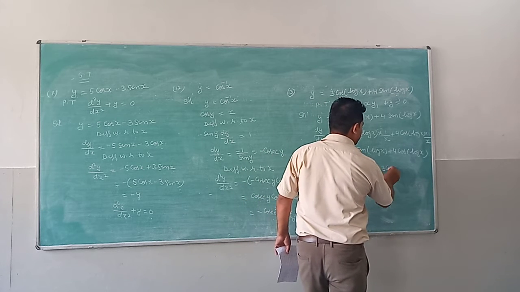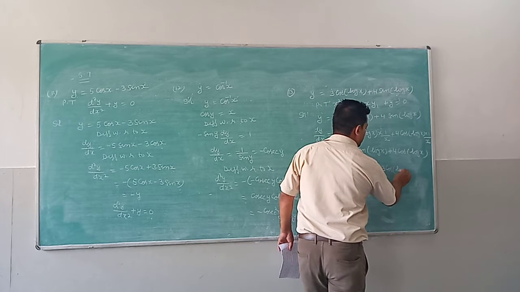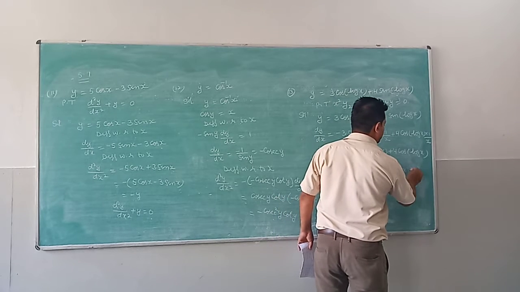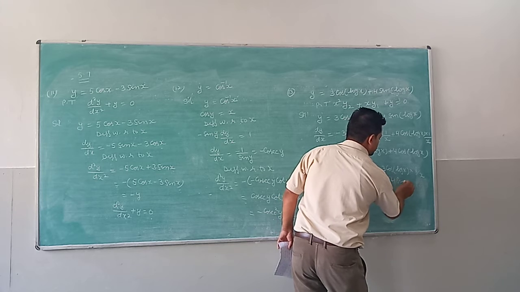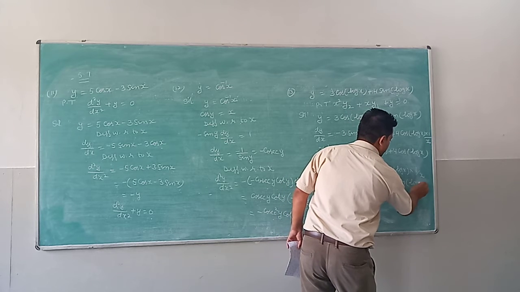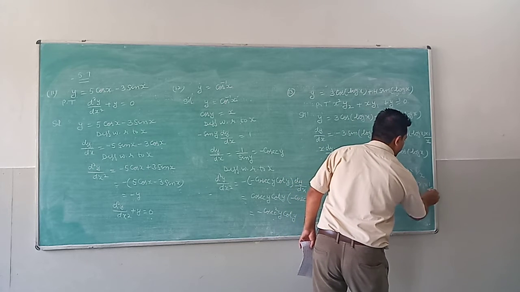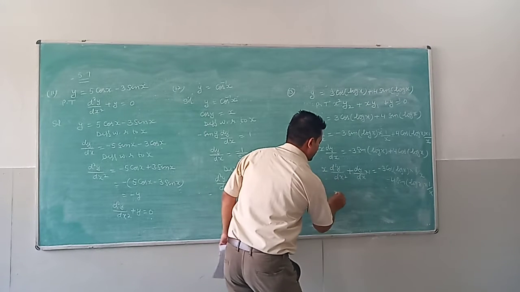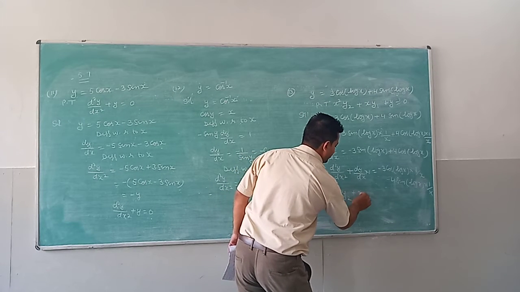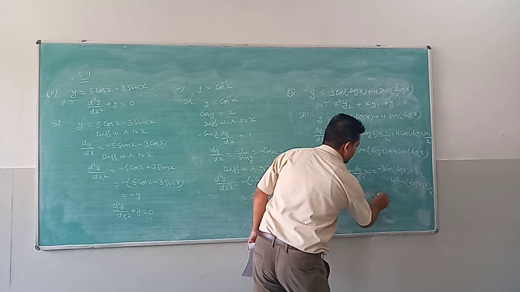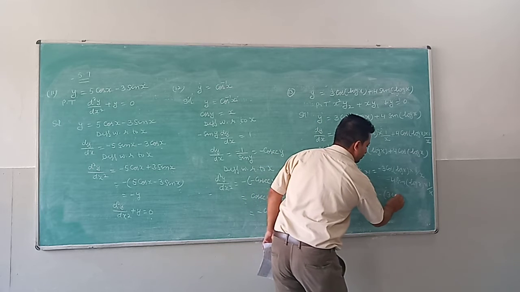In this, 3 cos log x, differentiation of log is 1 by x, minus 4 sin log x, differentiation of log is 1 by x. When we again cross multiply, this is the second order derivative, this is the first order, and take minus common.